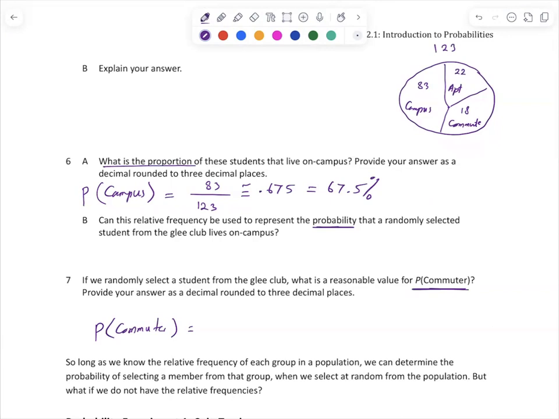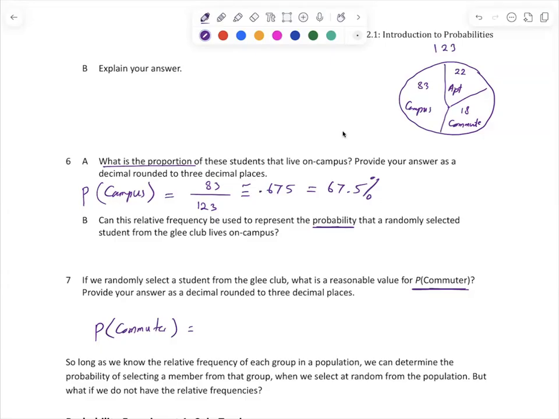What is the probability of a commuter? Please answer the poll, everybody.